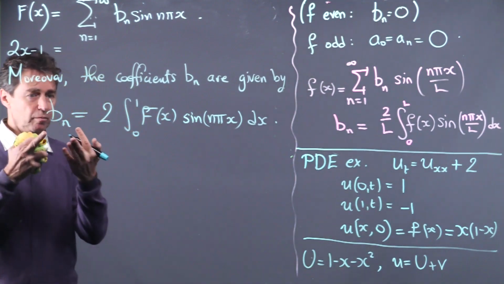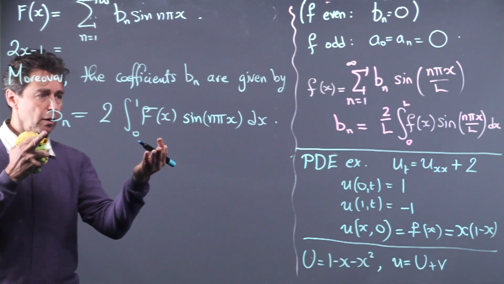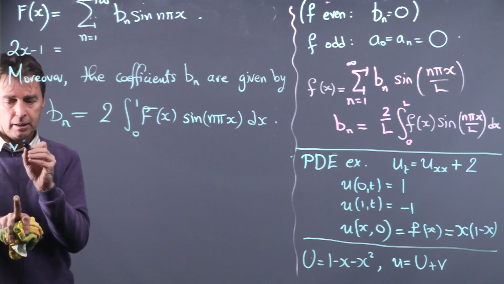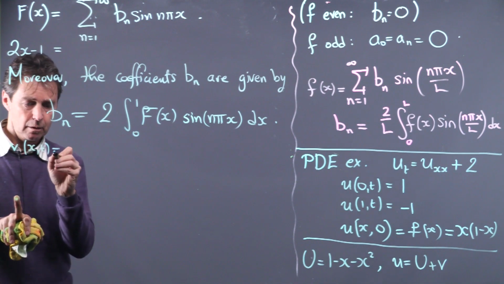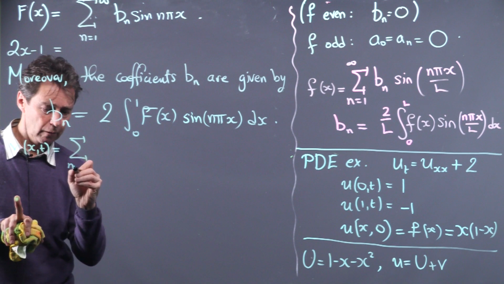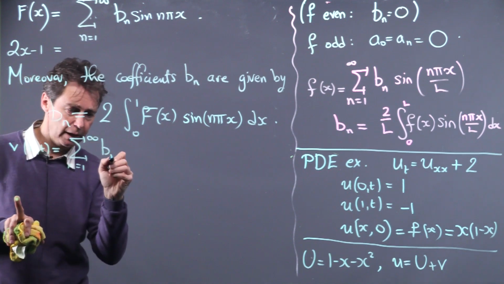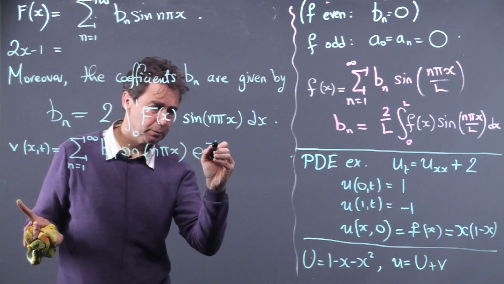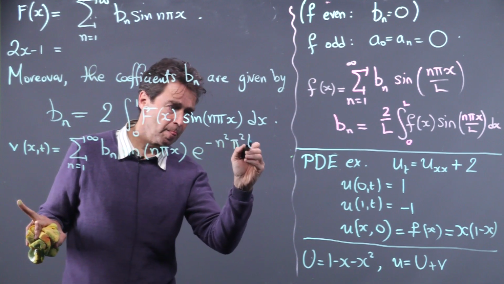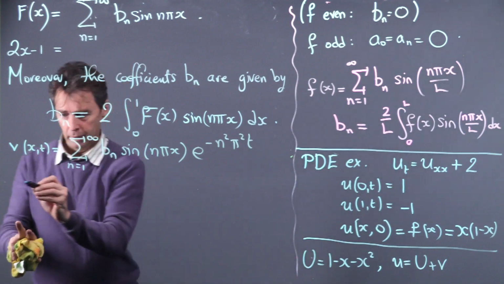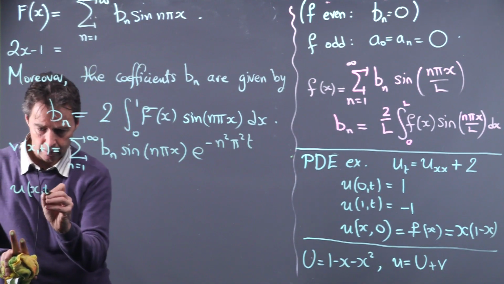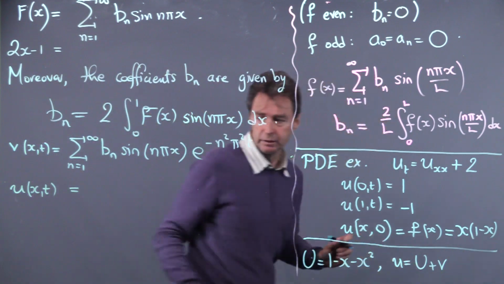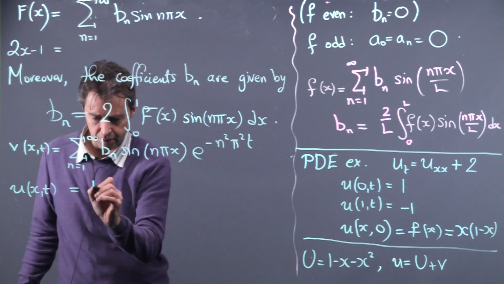So at that point, this is a formal answer for any old big F, and I have a V, which is the sum over n of the Bn times the sine times the exponential. And that's for V. What about U? Well, U is V plus the steady state solution.